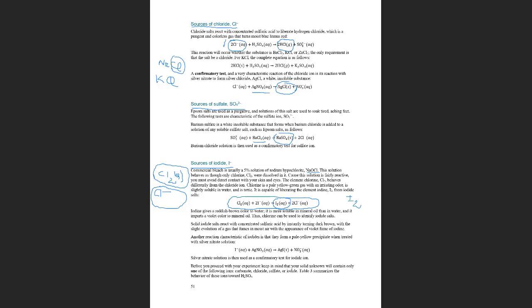But then, in order to make sure that this is what you have, you add mineral oil. And this iodine will go to the mineral oil because it's non-polar and more soluble in mineral oil than in water. And it's going to give you a violet color in the mineral oil. So this is one way of detecting iodide salts.